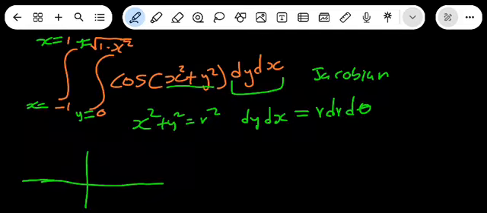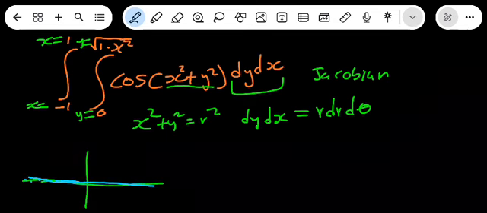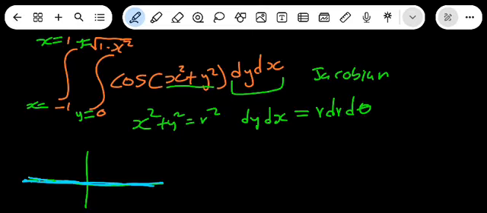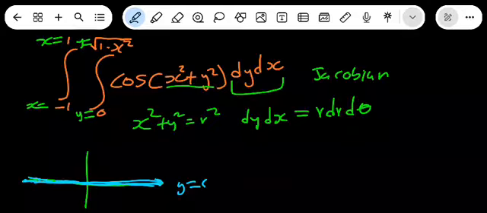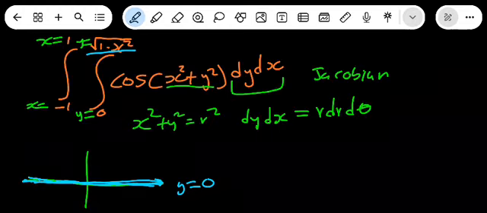All right, so y equals 0 will simply act here on the horizontal. Then y is equal to that, so that is a semicircle and it is positive, it's above.